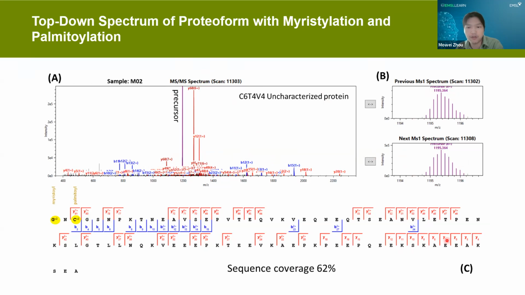And then this is the sequence coverage map, which had about 62% coverage, which is not bad at all. And to further convince you that we are seeing those two modifications, we have this Y ion here to help localize the palmitylation at the cysteine, and the rest of the mass shift goes to the N terminus.